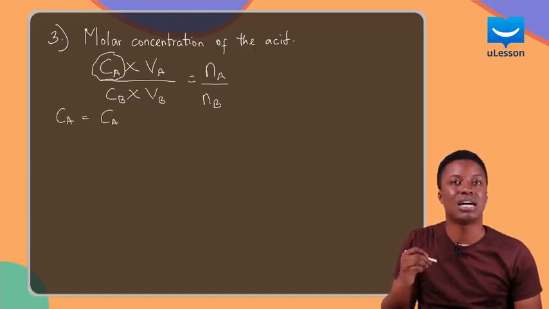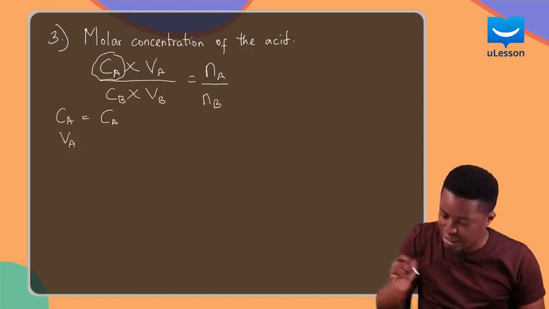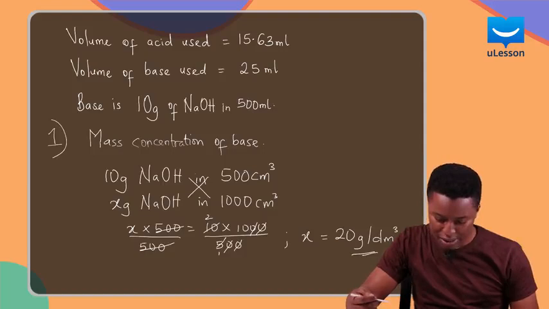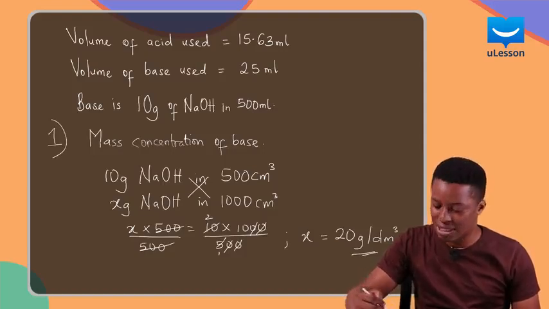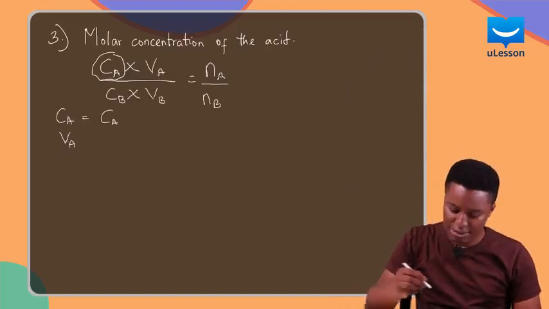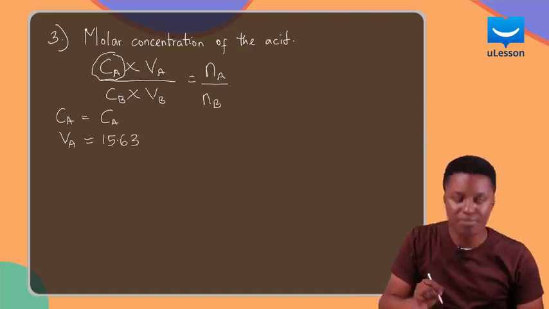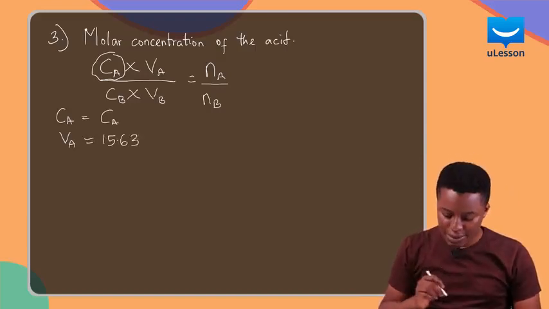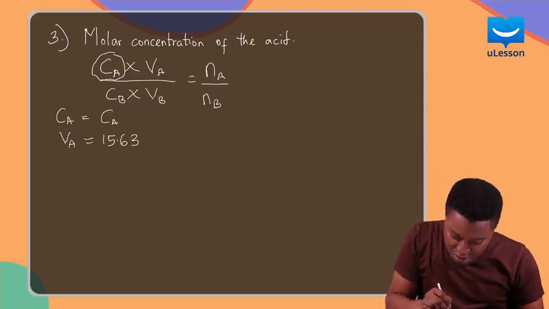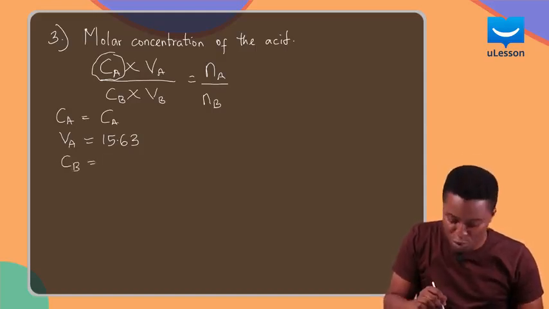So we're trying to take down our parameters now. The volume of the acid we were given previously to be 15.63 milliliters. Next, the concentration of the base is 0.5 mole per dm cube.